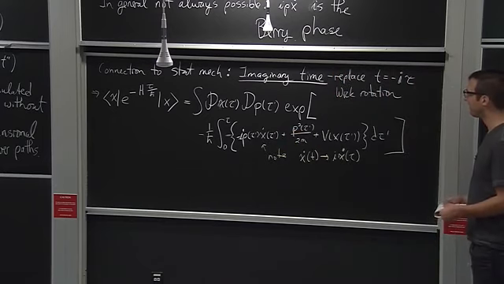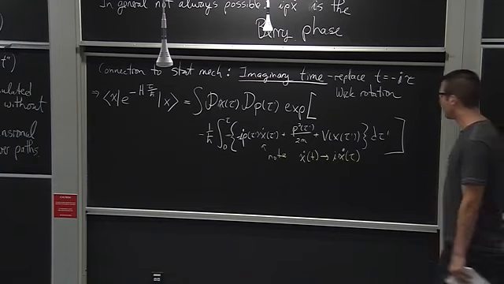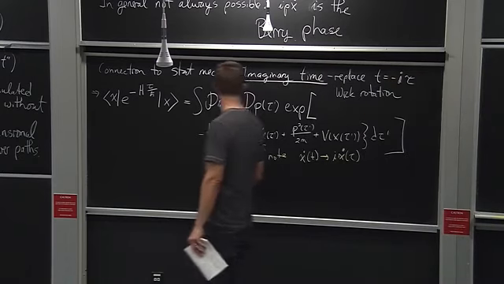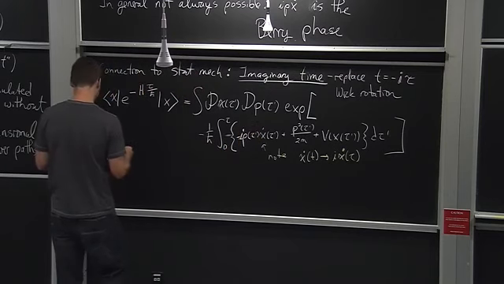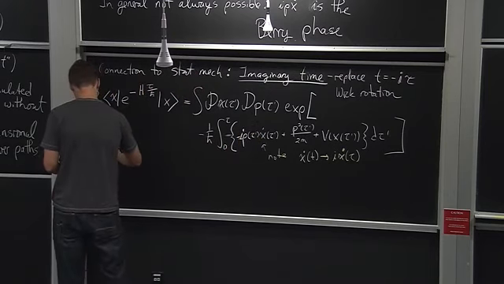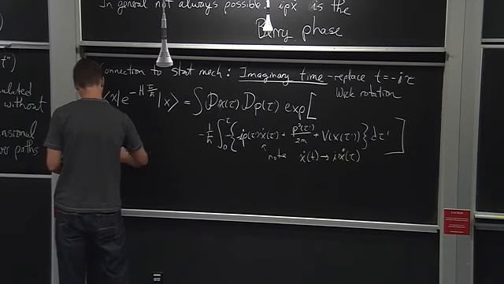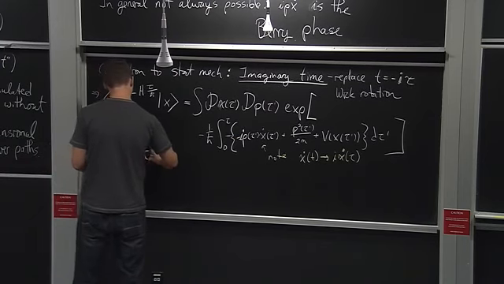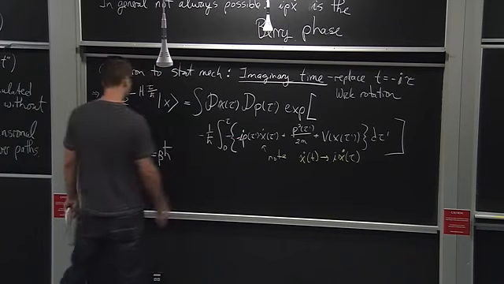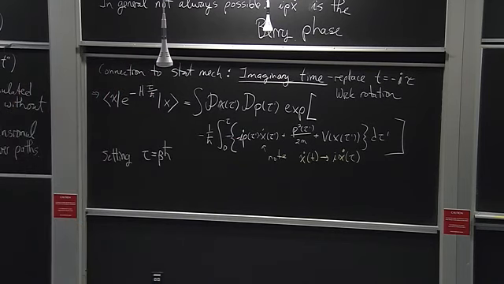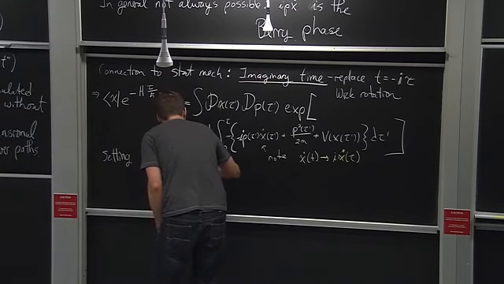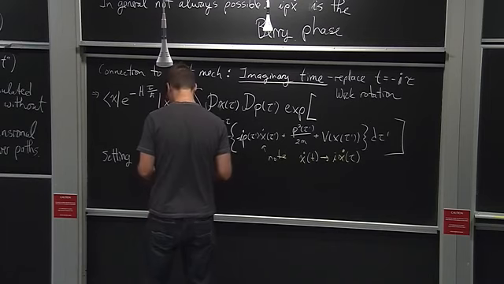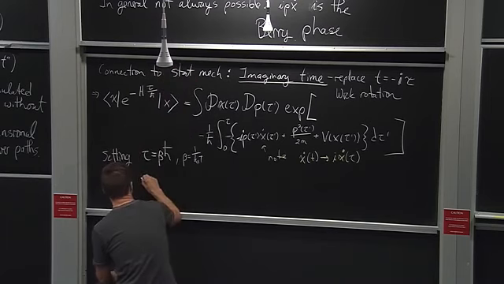And that's important, because if it wasn't for this complication, then you can make the identification by setting tau equals to beta h bar, where beta is your inverse temperature, with a partition function.